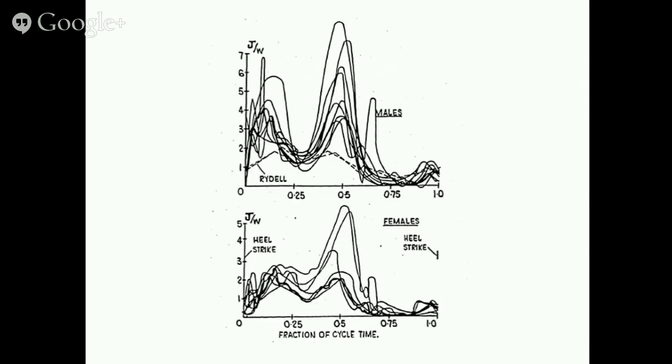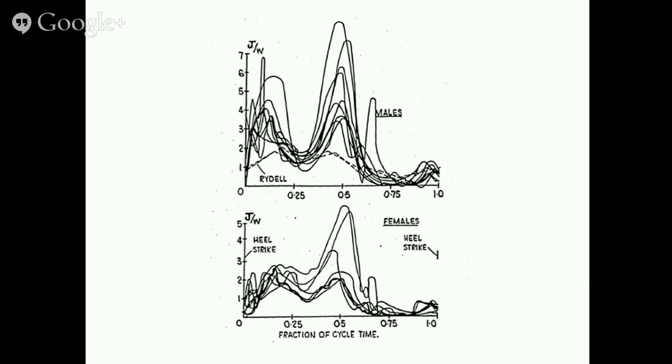This is the typical data that John produced in his 3-year period. So there are, I think, 10 males and 6 females, and a gait cycle for each one. And these are the calculated joint force as a ratio of the body weight.